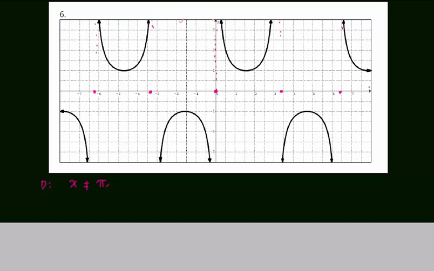Pi times k, where k is an integer. Those are the values that x cannot equal. Same deal with the set, x such that x cannot equal pi times k, where k is an integer.